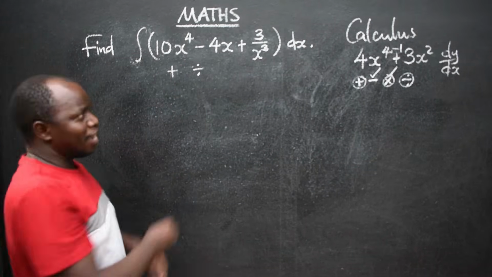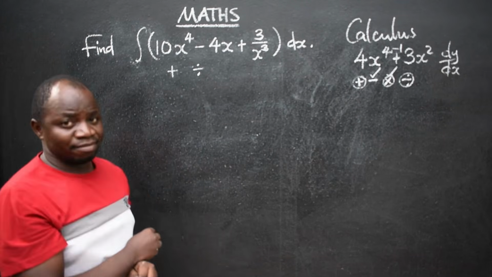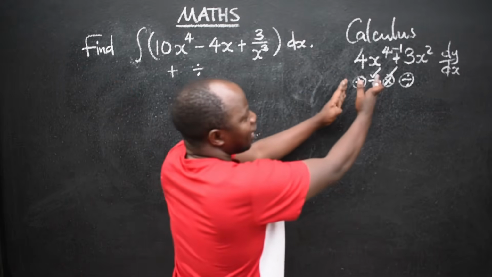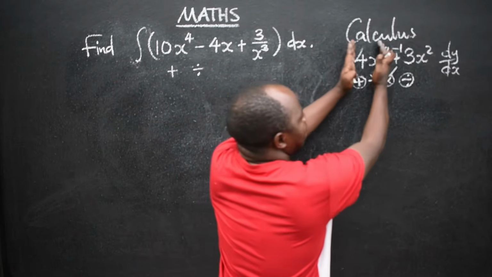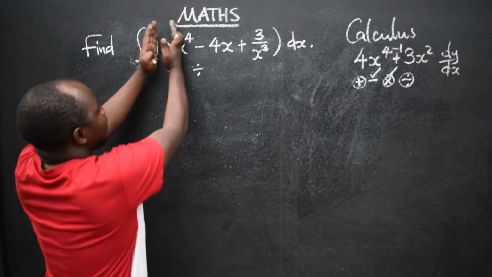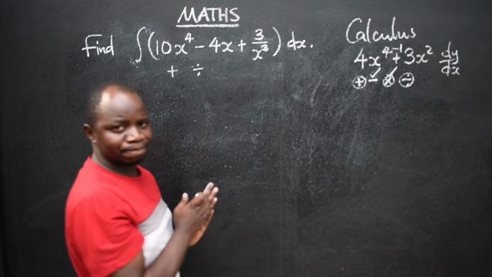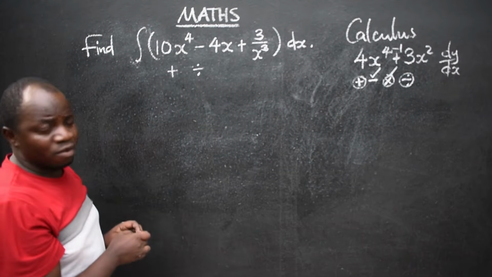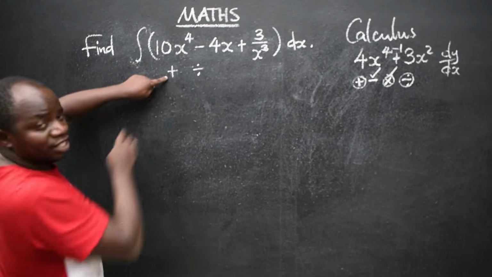Is that clear? Now how do we apply them? Remember, you differentiate term by term. It means you also integrate term by term. So I'll start with the first term, 10x to the power 4. Remember, these are the ones that we're using.